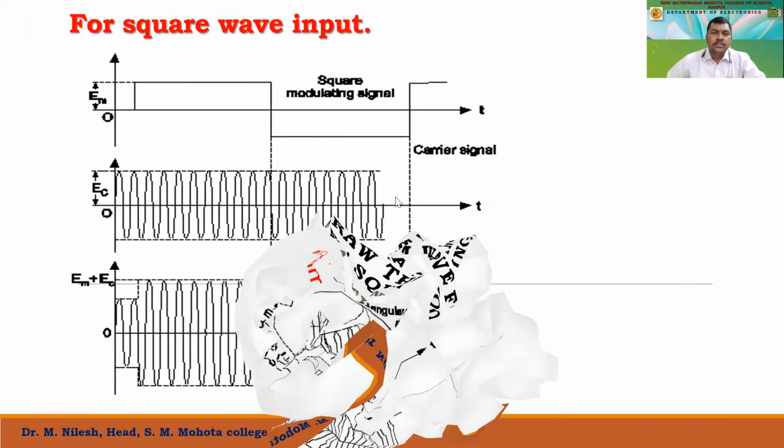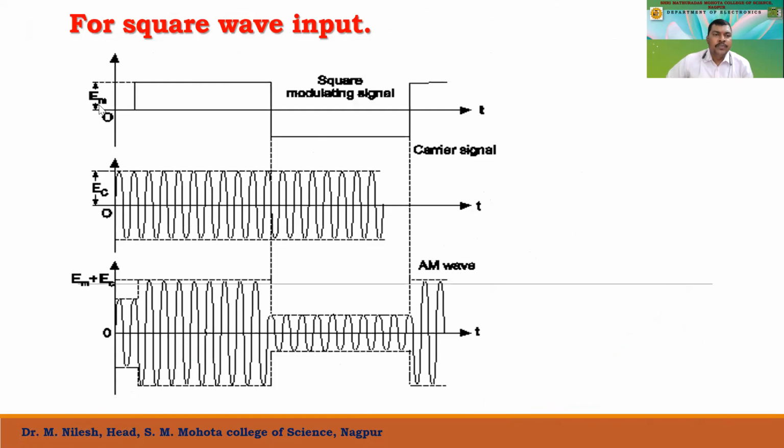Similarly, for the square wave modulating signal, we will have 0 to plus 5 volt, and it will again return to 0 to minus 5 volt, suppose. During the positive region we will have a higher amplitude. Similarly, during the negative half, we will have a smaller amplitude comparatively.